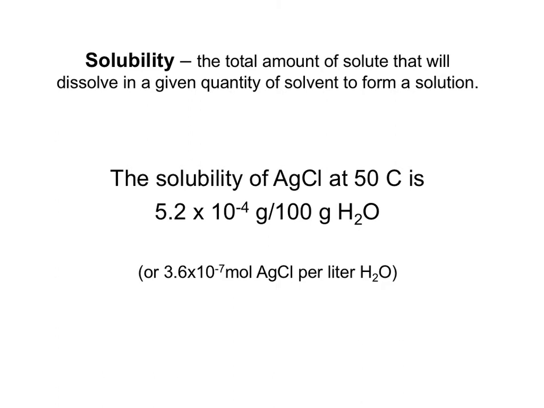And when we say something has a certain solubility, is the solubility high? Is it low? Will it be soluble? What we're referring to is an actual concentration. So it's the total amount, the total number of grams or moles of solute that will dissolve in a given quantity of solvent to form a solution. For the example of silver chloride, this is considered to be an insoluble compound.